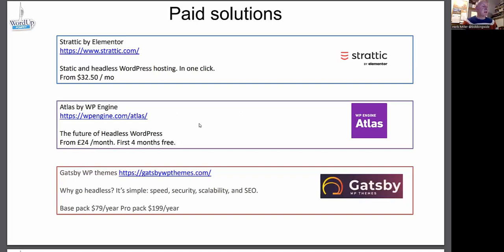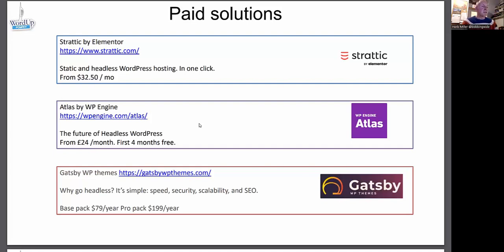Basically you put your site into Strattic, and then you say, can I deploy that to my testing site, please, preview? And when you're happy with that, you say, can I deploy that to my live site, please? And it does it. You can also say, I've made a minor change, I'd like to deploy that change, and it does that as well without having to do the whole thing. So that's all right, and you can start on that one for $32.50 a month.